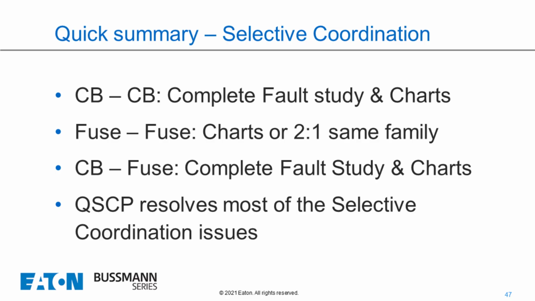And then finally, using the QSCP resolves a lot of the selective coordination issues because I can put a fusible main, 100 amp, and use fused branches, 20 amps, 15 amps, 30 amps, and so on, and I get my selective coordination with no issue at all.